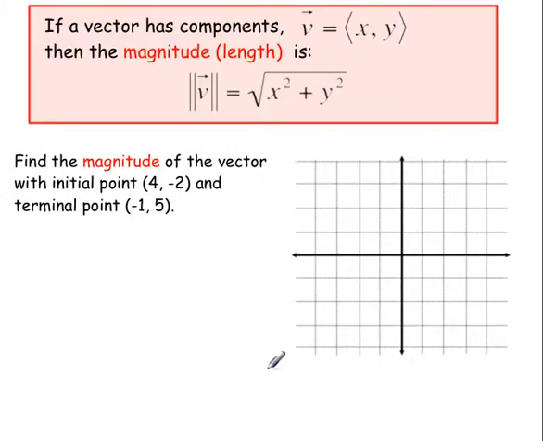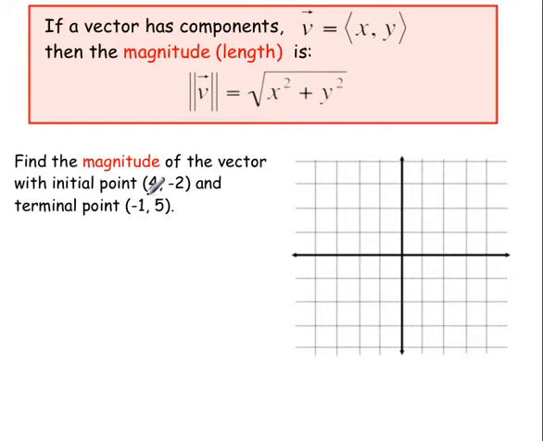Magnitude. If you're asked to find the magnitude of a vector, this would be the formula to use. These look like double absolute value bars. It's not the absolute value, it's just the symbol for magnitude.